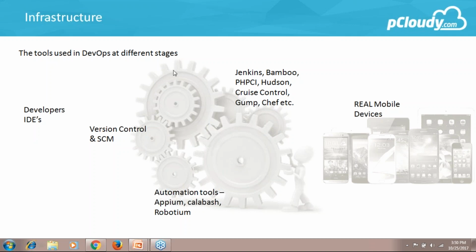One more question by Praveen Mora. He's asking how non-functional testing is taken care of using pCloudy. So Praveen, the pCloudy platform as such is meant initially for functional testing. So you can do complete functional testing typically the way you can do it with the phone in hand, but there are certain non-functional aspects to it which I have shown you some time back, like you can see the performance graphs.